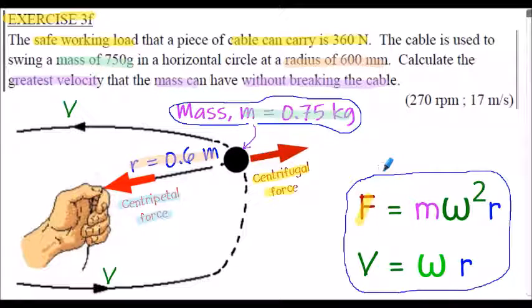So I stated two equations here that are useful, the F equals m omega squared r equation, and also v is equal to omega r, the relationship between linear and angular velocity. Just thinking our process through for the moment, what do we know?